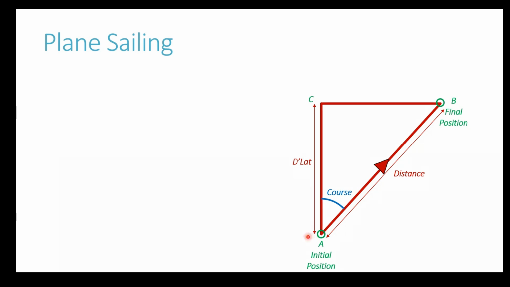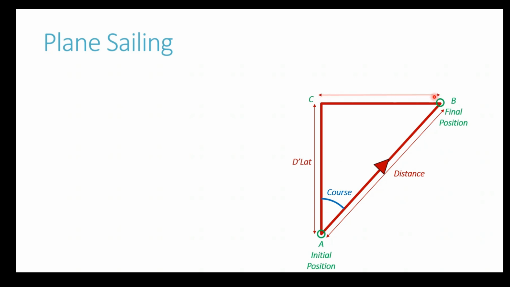This is the D-lat between our initial position A and our final position B. If you plot these two positions on the Mercator chart and measure this up and down distance, that is Alpha to Charlie, on the latitude scale, it will be equal to the D-lat between the two positions.